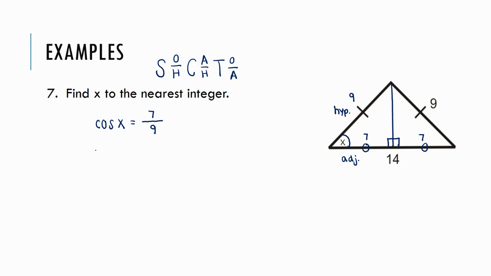But once again, to find the actual measure of the angle, we need the inverse button. So when we calculate it and we round to the nearest integer, second cosine of 7 divided by 9, we should get 38.9 in the calculator, which means that 0.9 is going to round up. So we are dealing with a 39-degree angle.